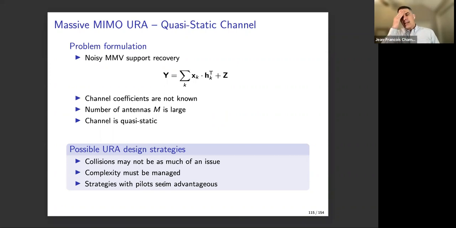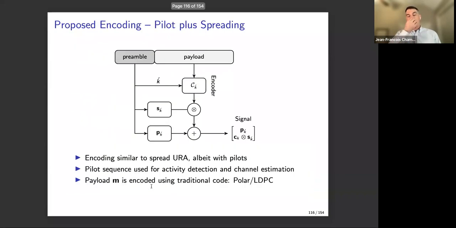And one of the things that has to happen when you have a large number of antennas is that you need to come up with good channel estimates. So one of the things that we're going to use here is pilots, quite a large number of pilots, in fact.